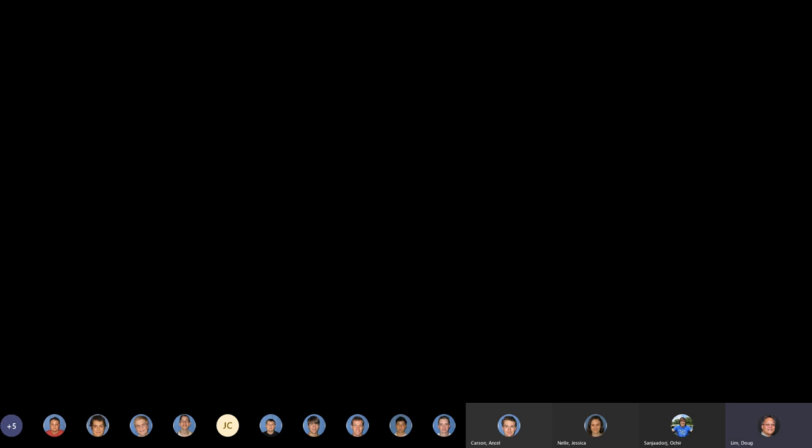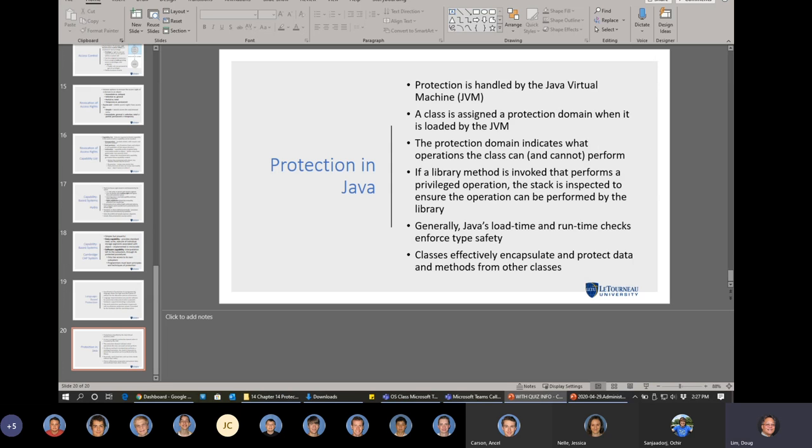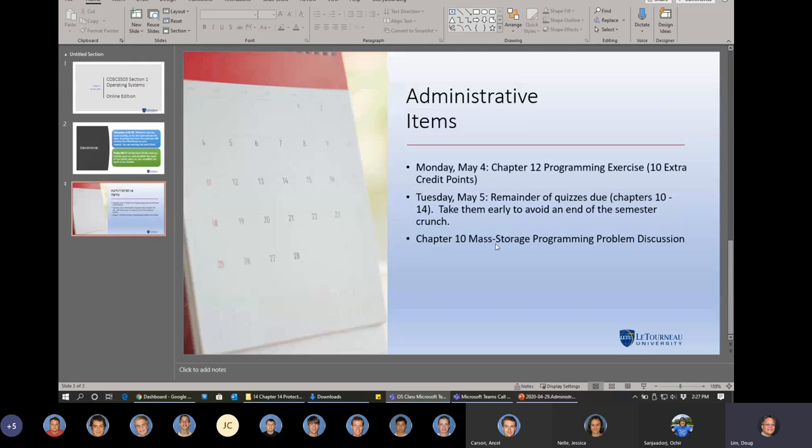All right, so let's go to the mass storage programming problem. For those of you who successfully completed it, congratulations, good job. For those of you who stayed after and asked me about the programming problem, I gave the hint that for some of these algorithms, sorting your list or your data structure would be advantageous in actually implementing.